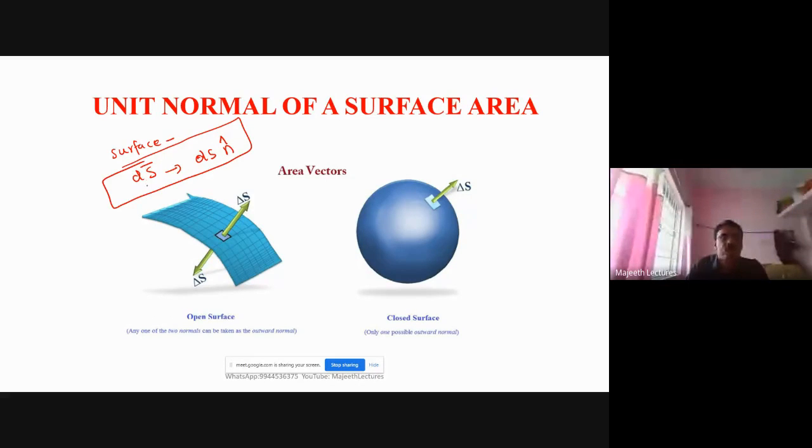Since surface is a vector, how will this n cap be there, that is the question. If it is a closed surface like that, at this point n cap will be like this. That is what del s they have written. At this point it will go like this. It is all perpendicular to the surface normal. This is what n cap.